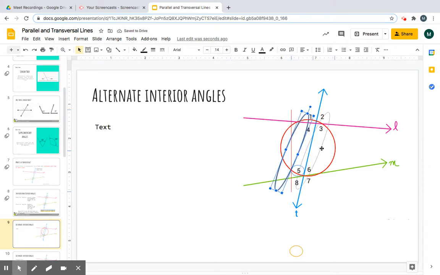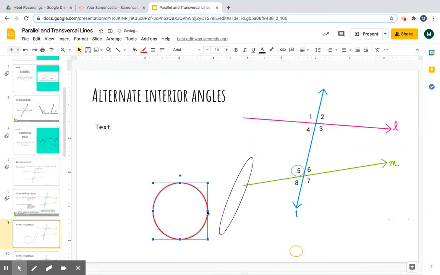So these angles 3 and 5 are going to be our alternate interior angles.